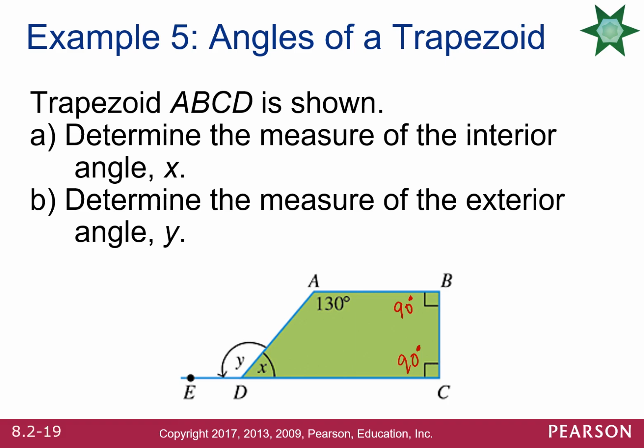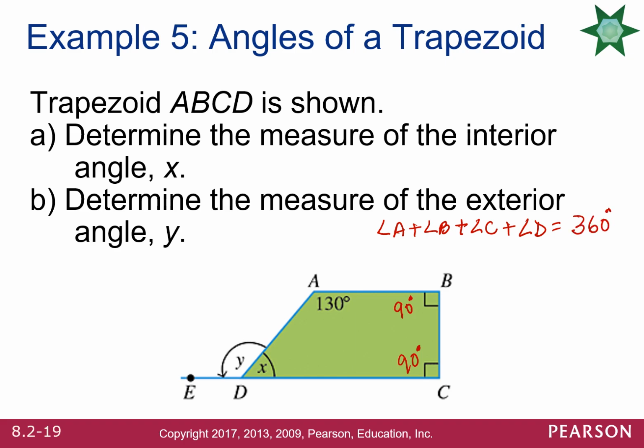Now that we know the measures of three angles, we should be able to find the fourth angle using the property that the sum of all the angles in any quadrilateral, any four-sided figure, is 360 degrees. So we can write it as angle A plus angle B plus angle C plus angle D is equal to 360 degrees.